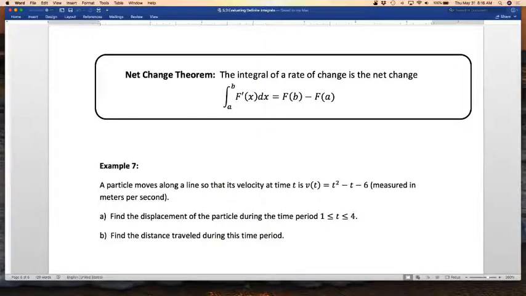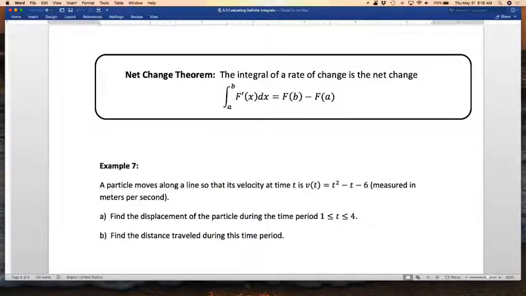So if we're talking about displacement, when we're talking about rate of change being speed or velocity, then the net change talks about total displacement. Not how far you've traveled, but how far you are from where you began.